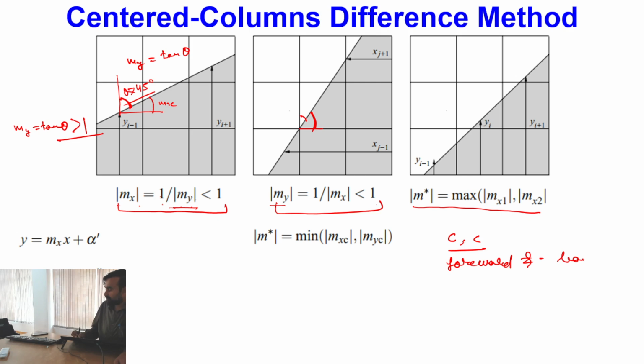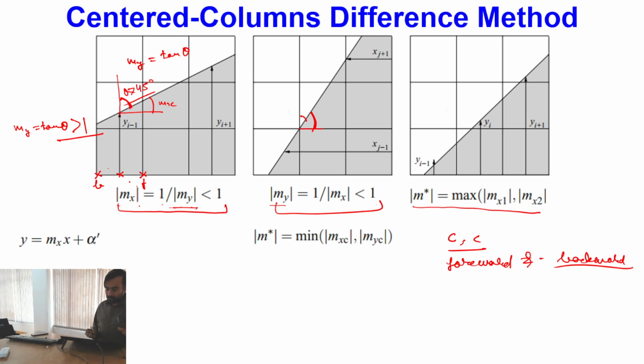Is this one clear? So one slope you calculate at this point, one slope you calculate at the backward face of this cell, and one height function you calculate at the forward face of this particular cell.